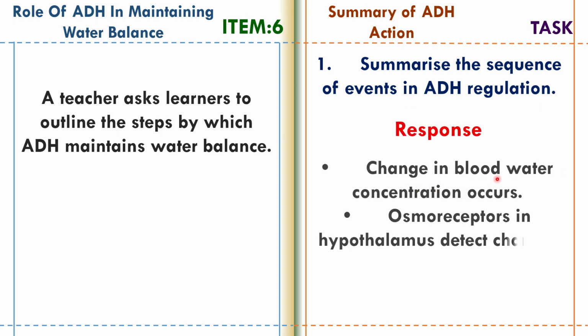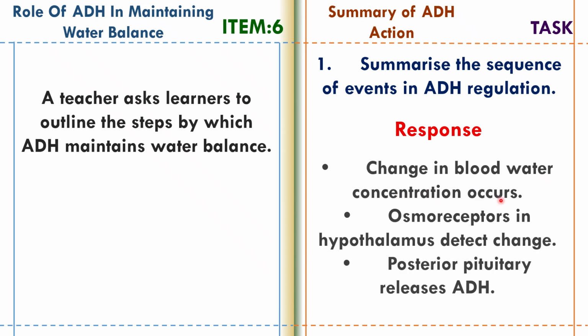Change in blood water concentration occurs. Osmoreceptors in the hypothalamus detect the change. Posterior pituitary releases ADH.